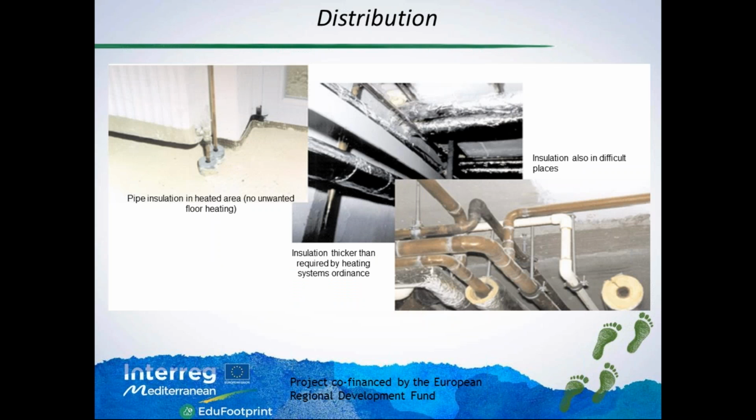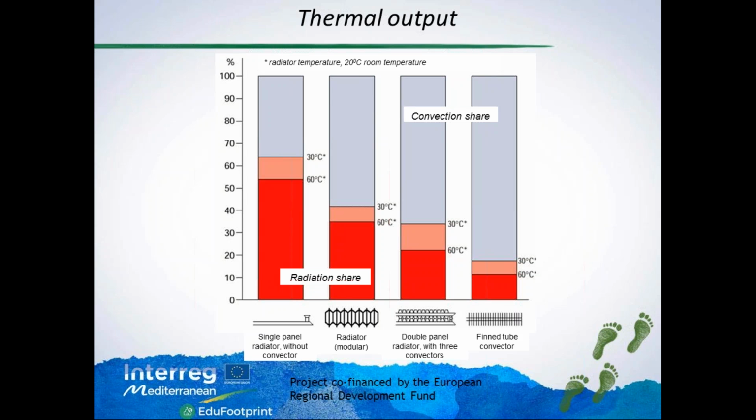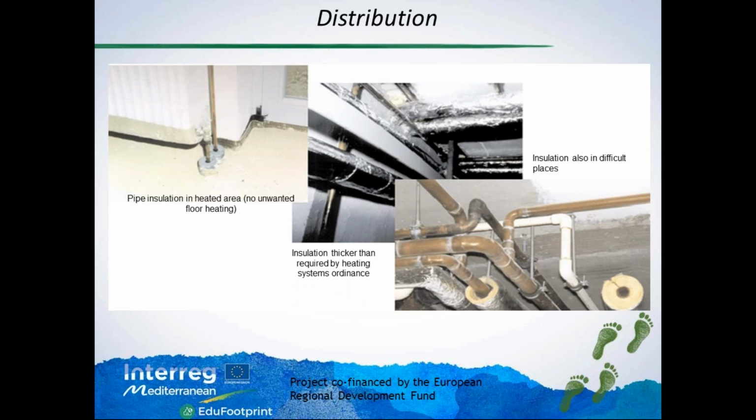Then we have the distribution. We have to take care that the efficiency of the emission is as good as we can, and then we have to look at the distribution. The distribution is very important because the water is heated by the boiler, and then it goes a very long way through the building.